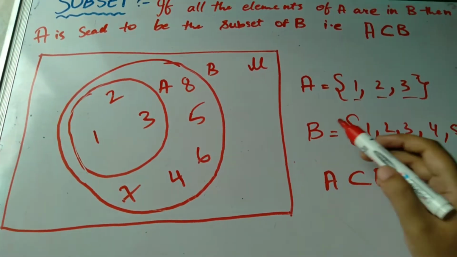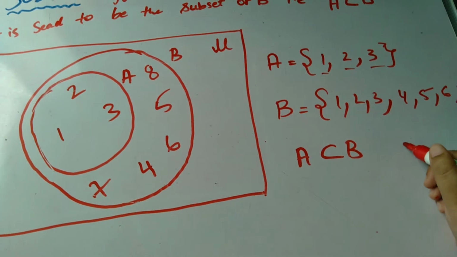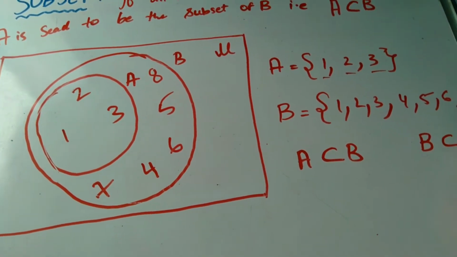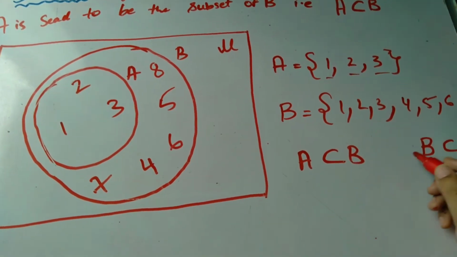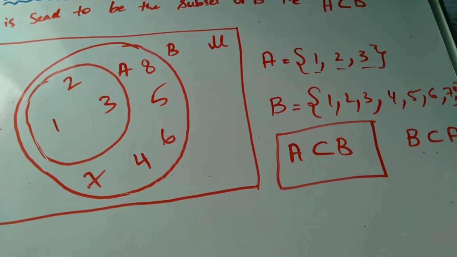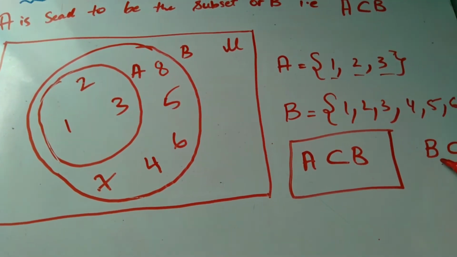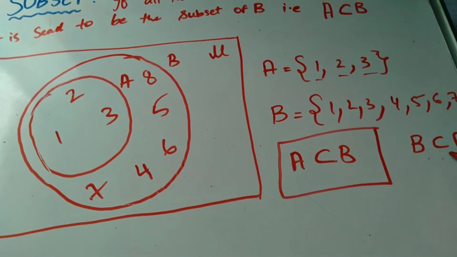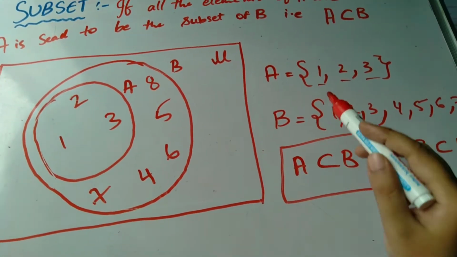Can we say B is a subset of A? For B to be a subset of A, what must be true?